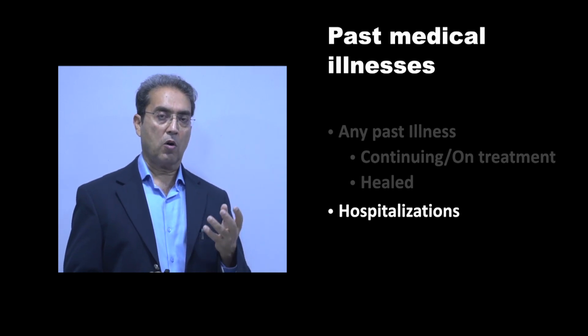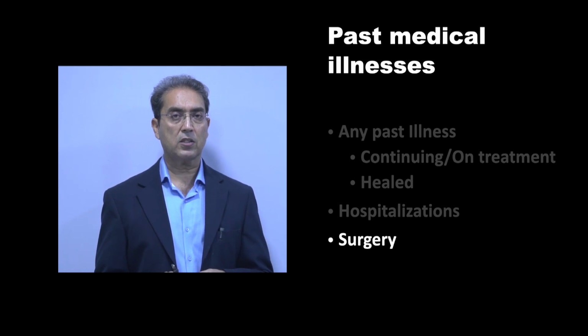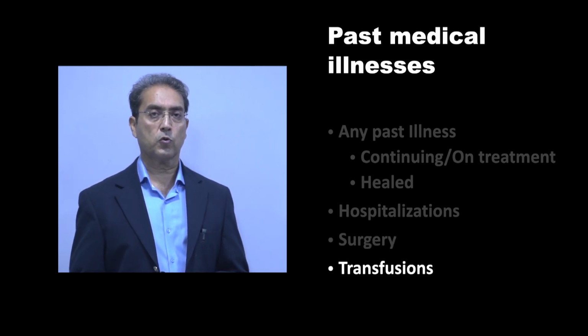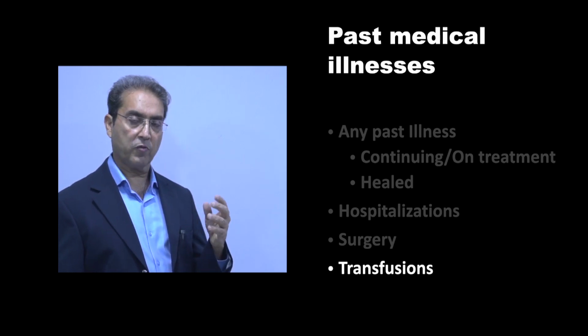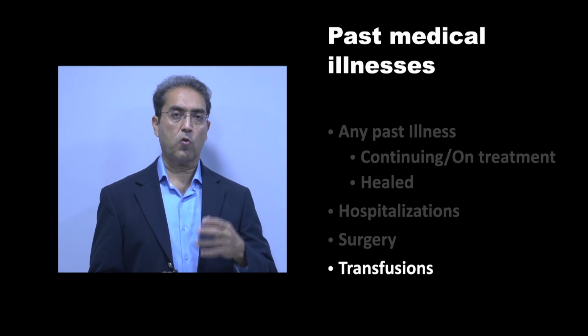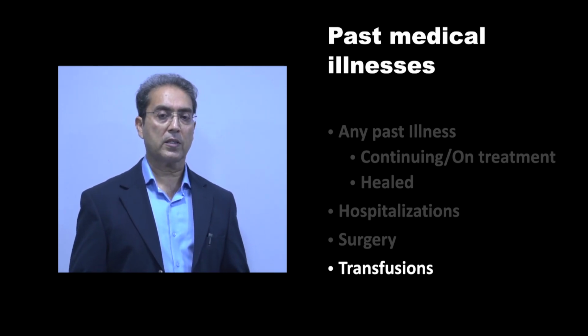And then also evaluate the presence of any surgical history. And then another important thing, transfusions. Quite a few problems may be because of transfusion related complications. So have all these portions of the history taken in the past medical illnesses.